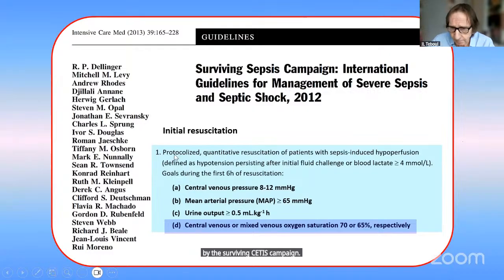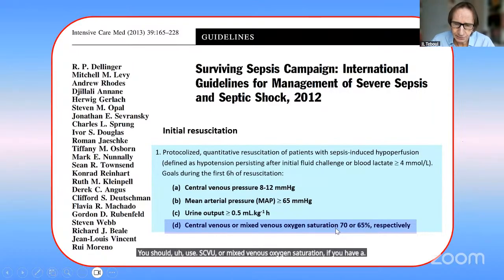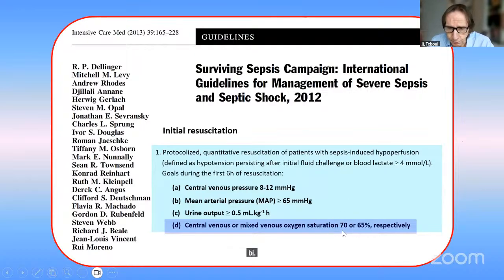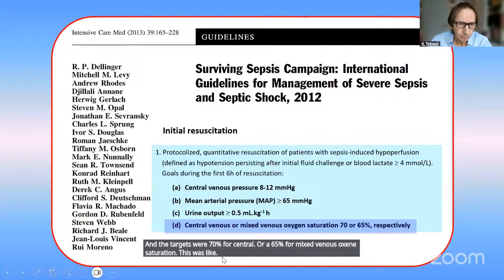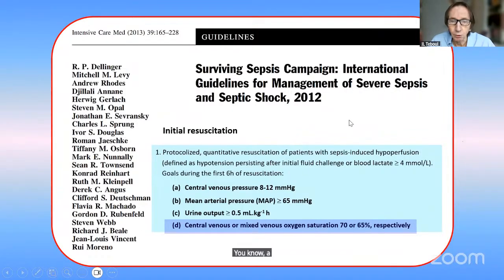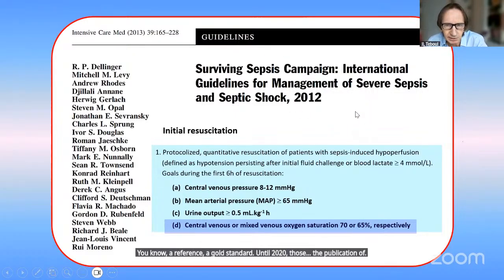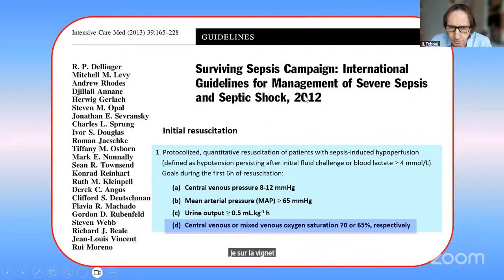It was said that you should use ScvO2, or mixed venous oxygen saturation if you have a PA catheter, and the targets were 70% for central or 65% for mixed venous oxygen saturation. This was like a reference, a gold standard, until the Surviving Sepsis Campaign 2012.